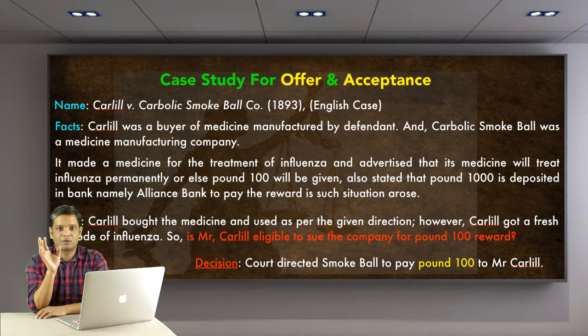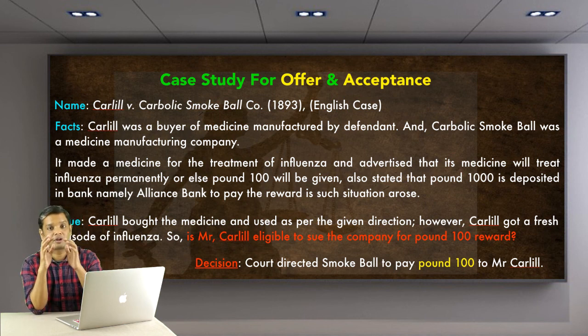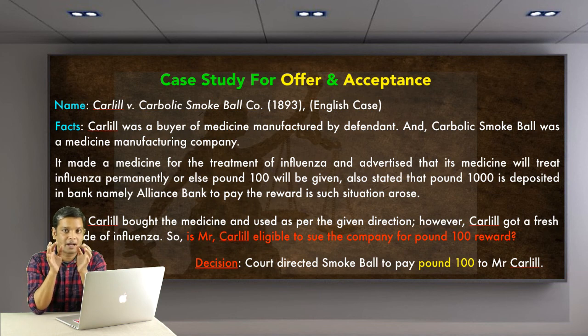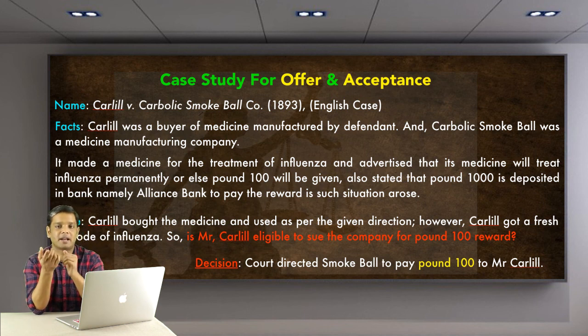So I believe you must now understand what acceptance is, as well as an offer and also a proposal, because everything is going to help you understand the concept of contract. Please keep in mind, because we are basically discussing the concept of contract and these are the principles of contract. So keep in mind.